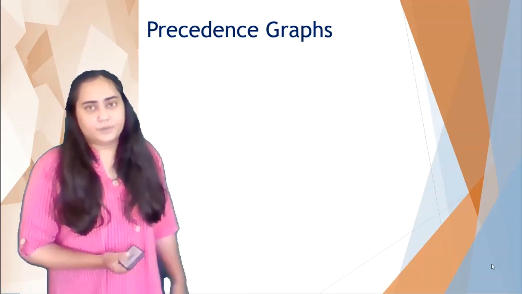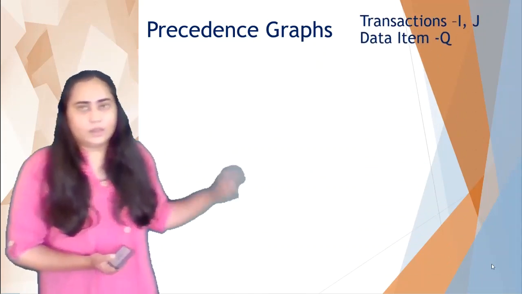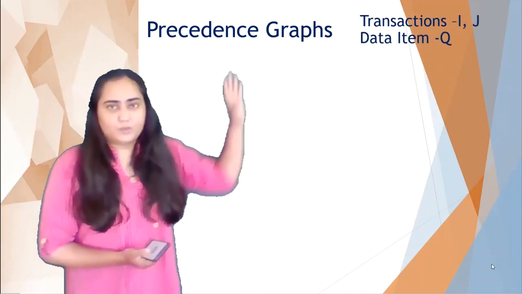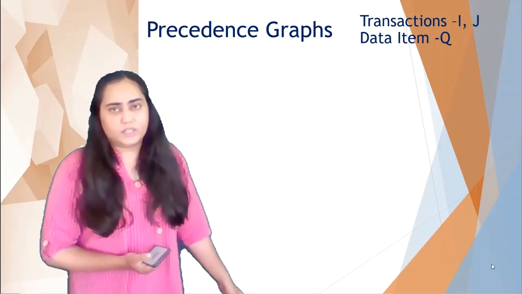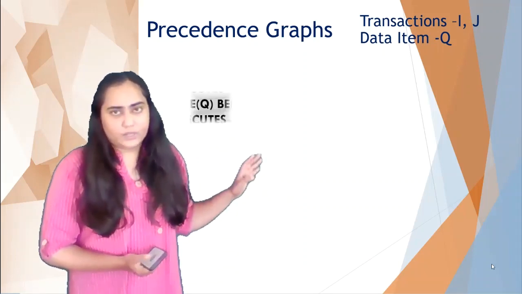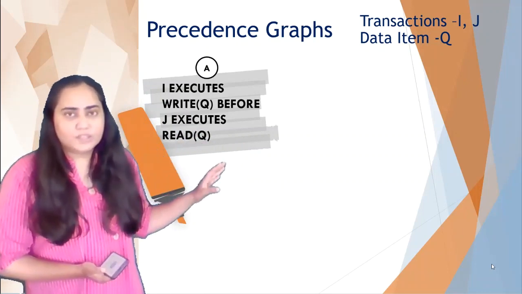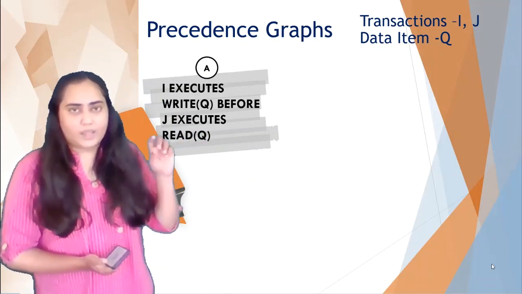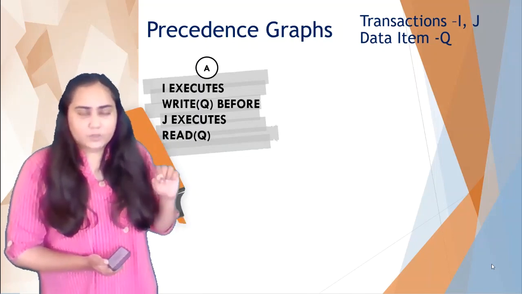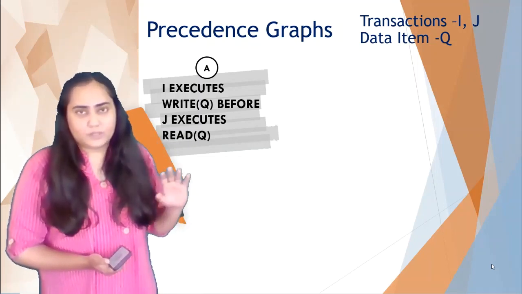So let us see how to do that. Again, I want you to consider 2 transactions I and J with data item Q, as we did before. And here I'm going to show you rules about when we can add an edge, a connection, between 2 transactions in a precedence graph.